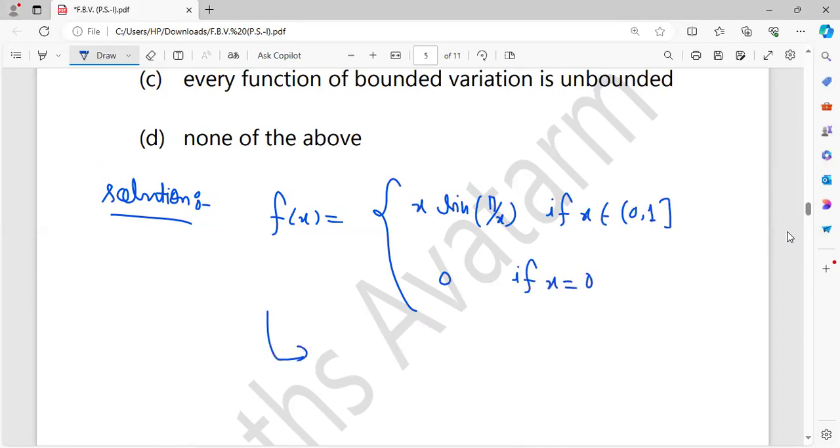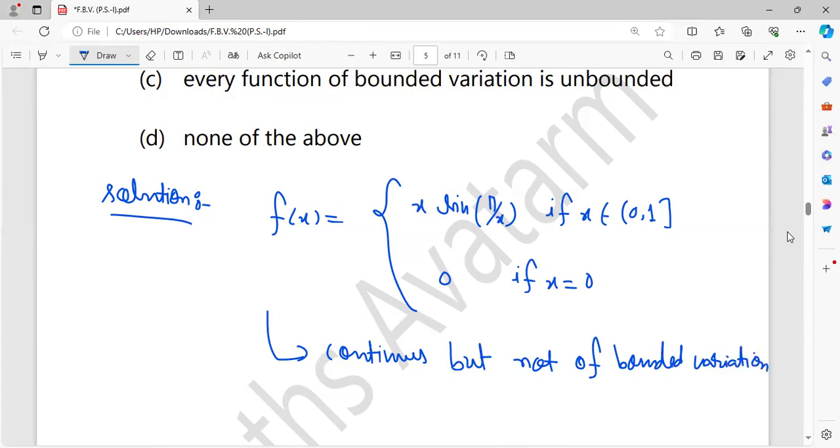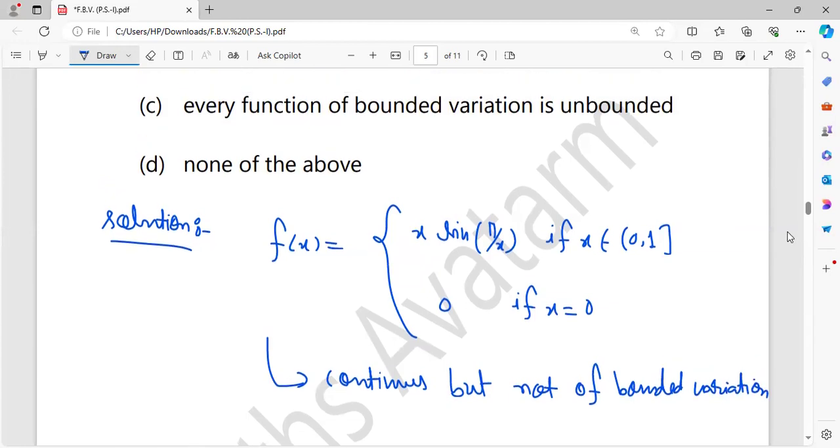This function is continuous but not of bounded variation. So the first option is not correct.